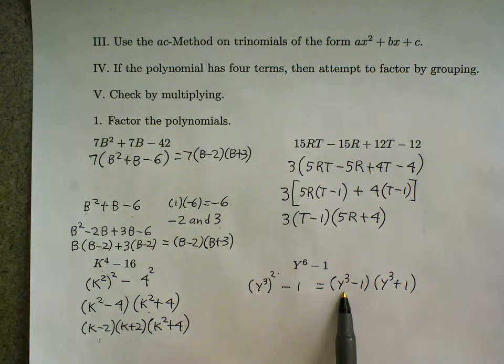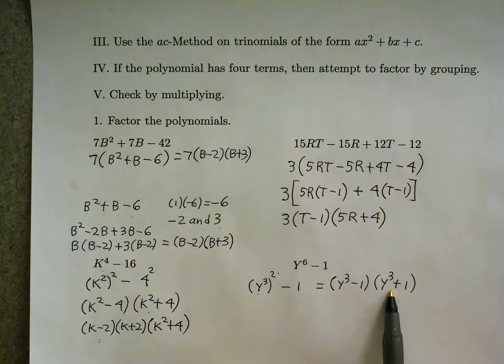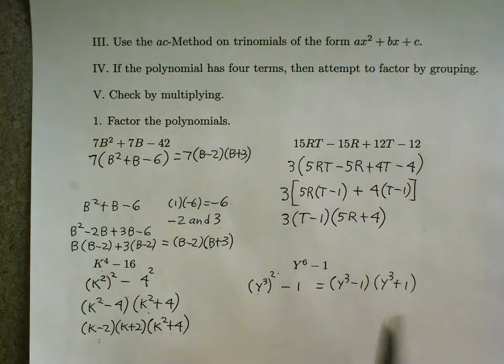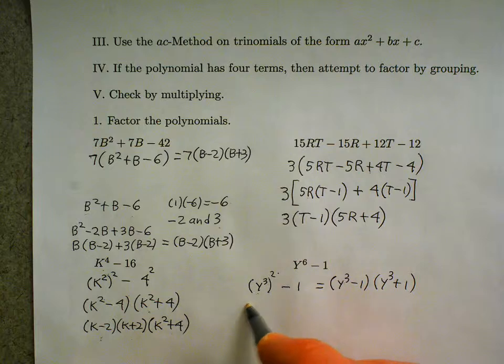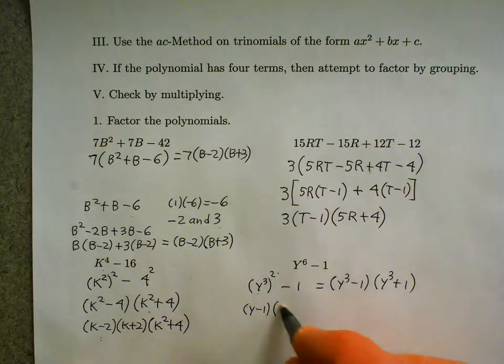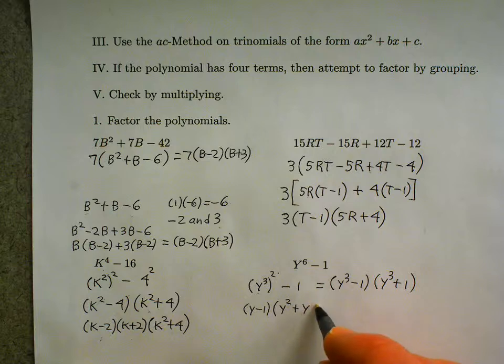But y to the third minus 1 is a difference of cubes. We know how to factor that. The other one is y to the third plus 1, a sum of cubes, and we know how to factor that. So first we'll factor y to the third minus 1. The binomial factor is y minus 1. And then we have a trinomial, y to the second plus 1y plus 1.